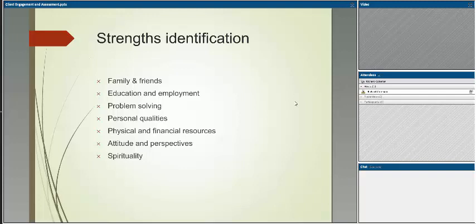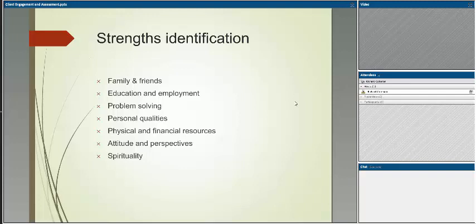What kind of physical attributes do they have, financial resources? Do they have a sister who's a doctor in another part of the country that they can borrow money from if they're in a tight spot? What kind of attitudes do they have? Are they fatalistic in terms of how they look at things, or do they have an upbeat, hopeful approach to looking at life as a glass half full as opposed to half empty? What's the role of spirituality in their life?